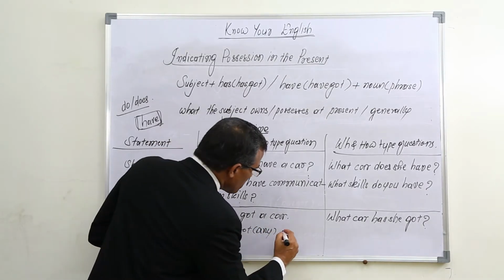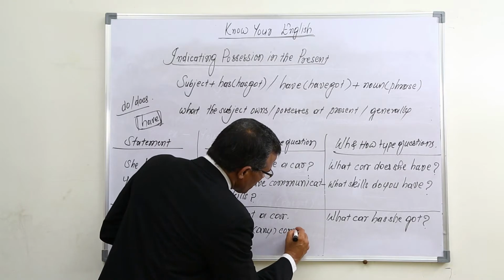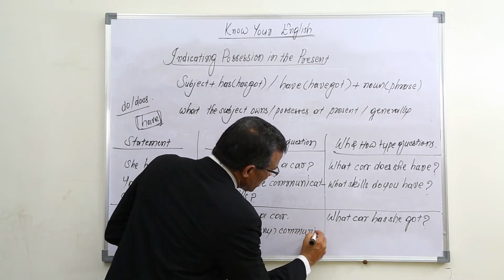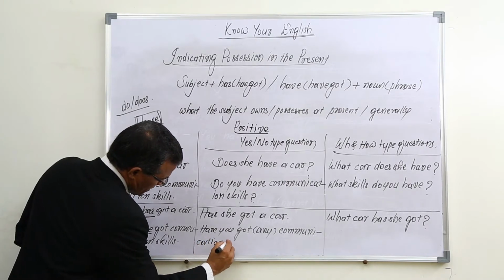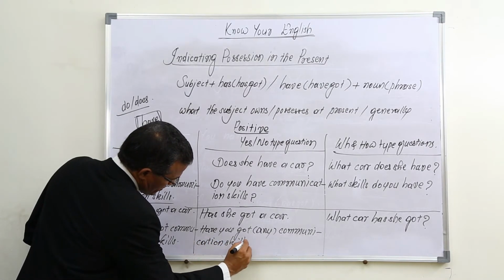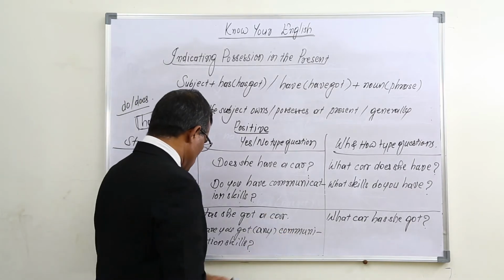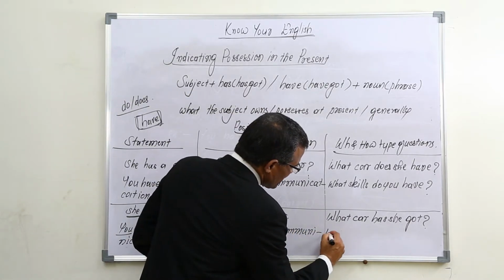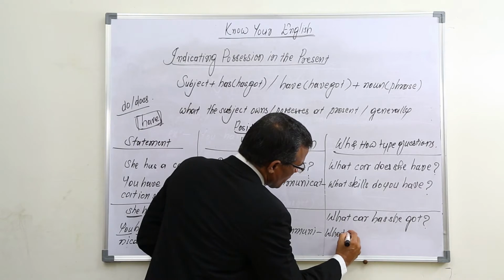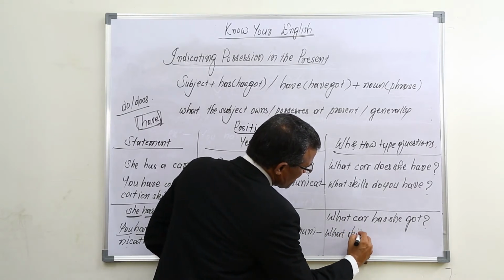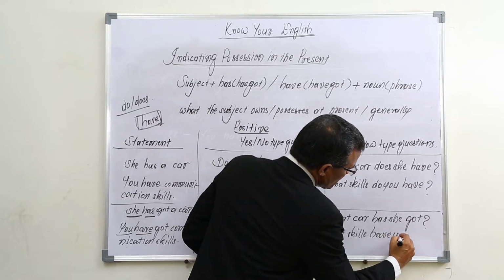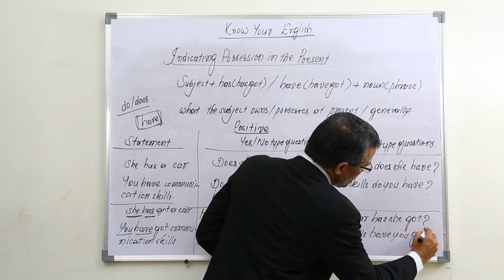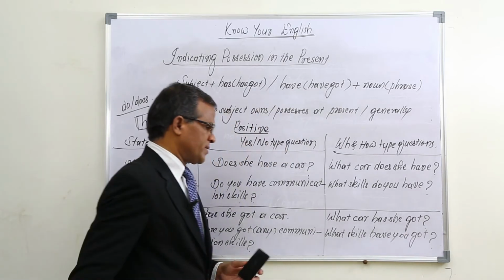Have you got any communication skills? Have you got any communication skills is the question. And the WH question, what skills have you got? So in this way we put the questions.